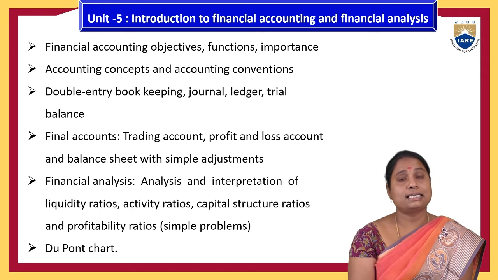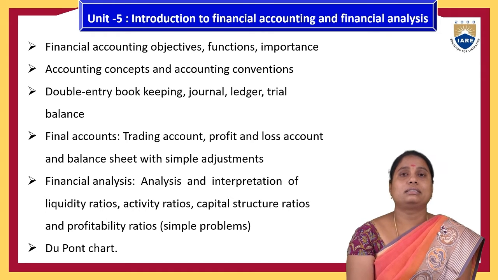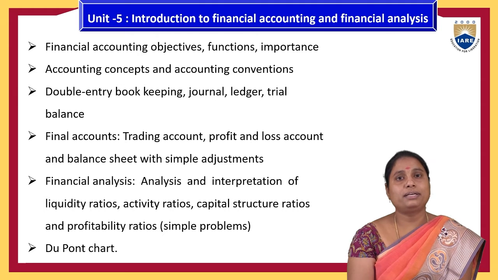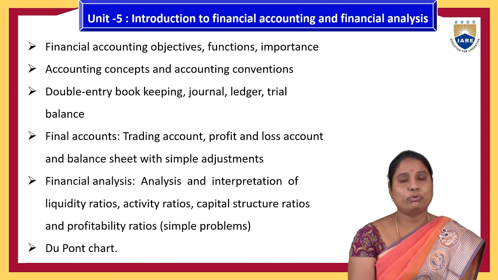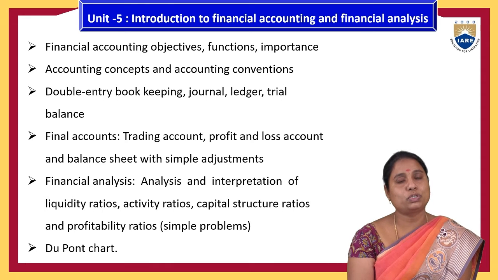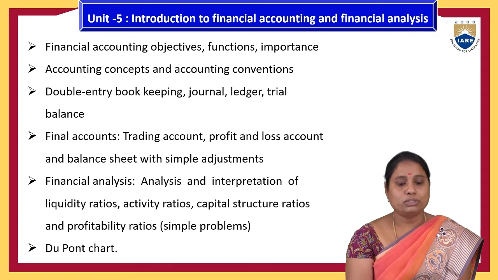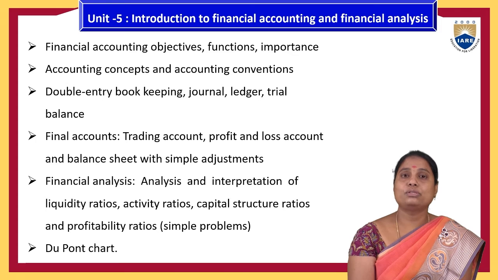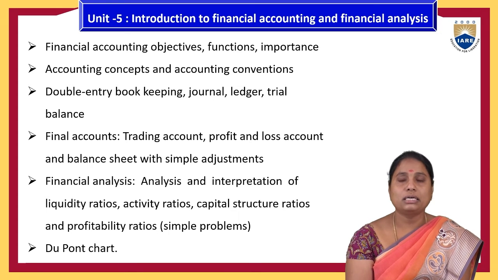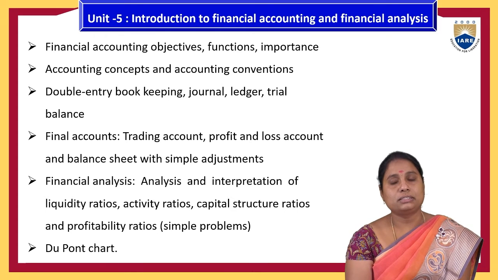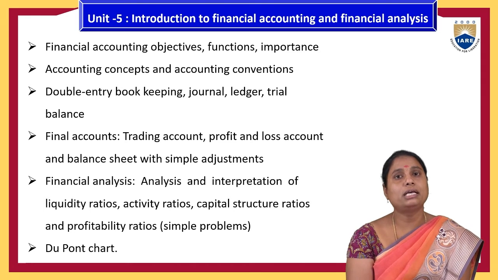And the financial analysis, that is, after the final accounts, how to interpret them using activity ratios, liquidity ratios, inventory turnover ratios, capital structure ratios and solvency ratios, and what is the use of the break-even point chart, that we are going to discuss under this Unit 5 of Introduction to Financial Accounting and Financial Analysis.